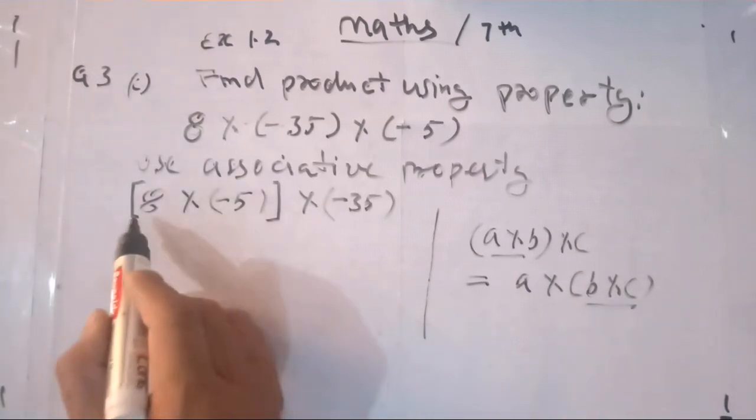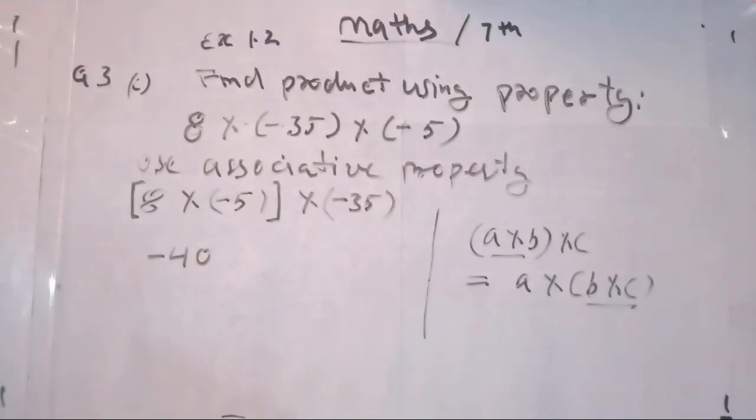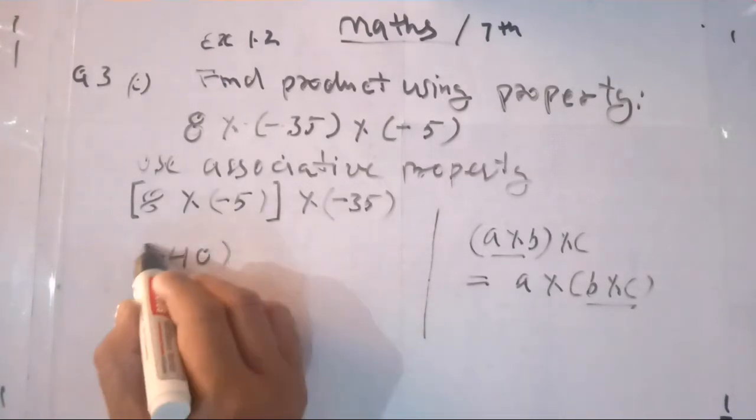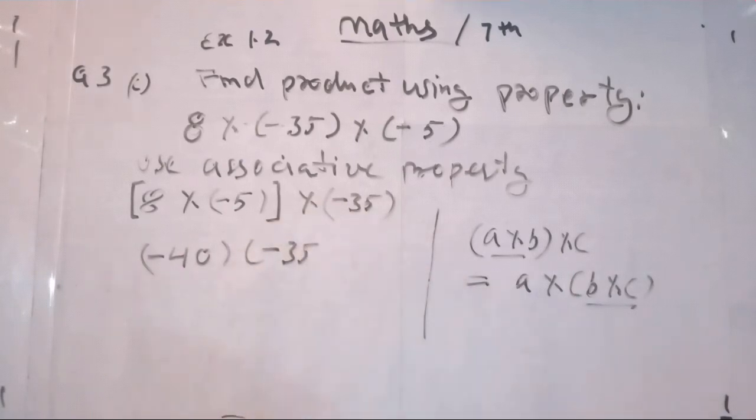Right? Now 8 5s are 40. This is minus 40 and then minus 35. Right?